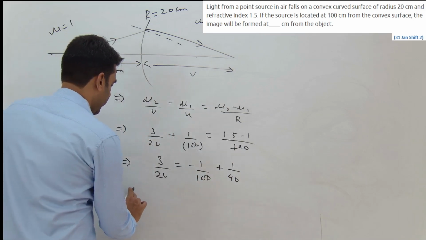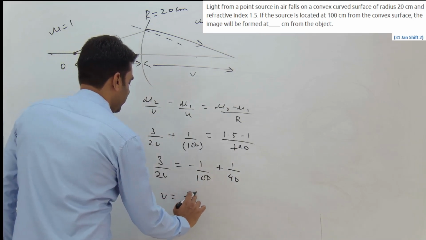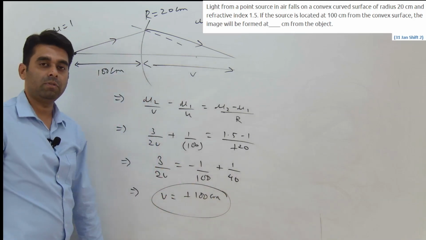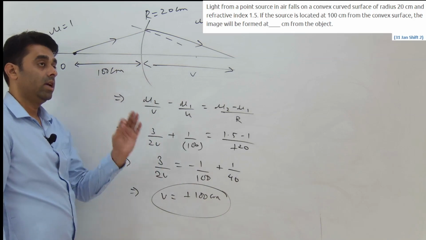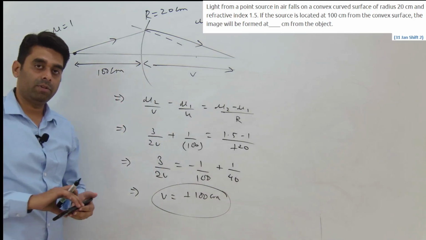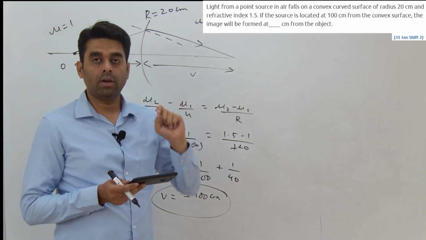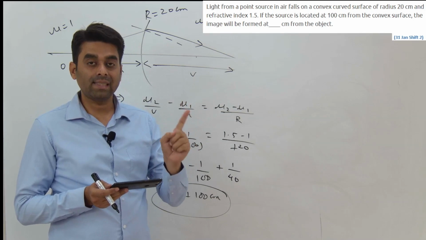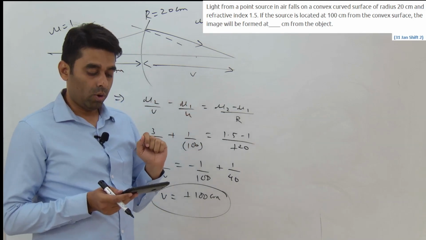When we solve it, the v value will come out to be plus 100 centimeter. Now just be careful with one thing over here. Read the last sentence of the question. The image will be formed at dash centimeter from the object.